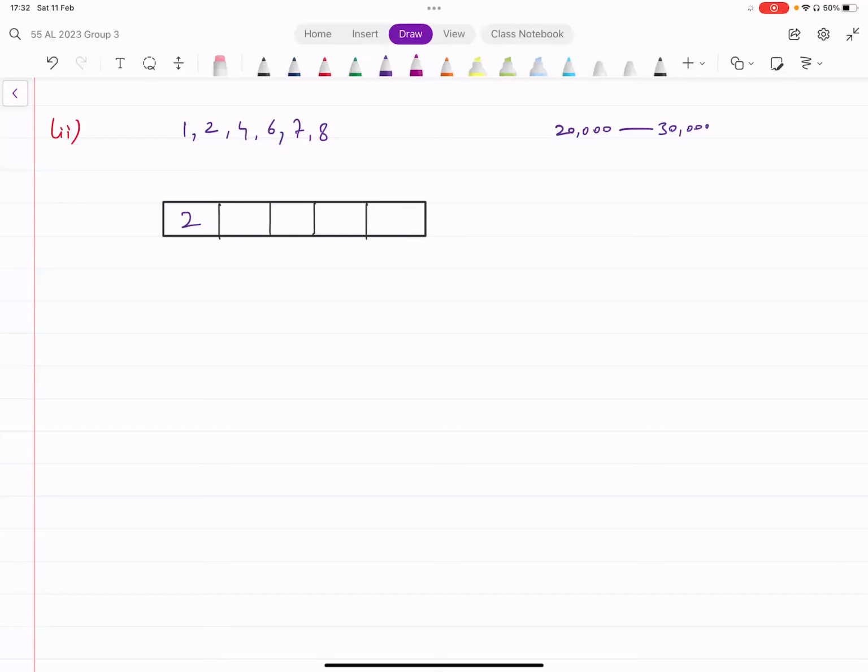Now, how many numbers are we left with once we have already put 2 in the first box? हमारे पास 5 numbers रह गए, and we want to place those 5 numbers in these 4 boxes. So when the first number comes, the first box has 5 options. The next has 4 options, the next has 3 options, the next has 2 options.